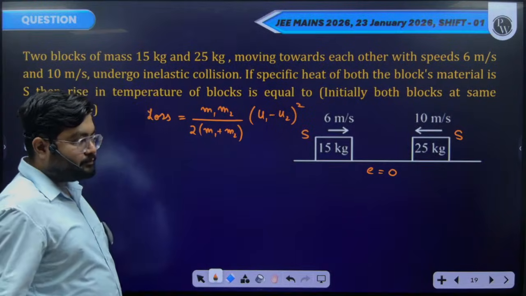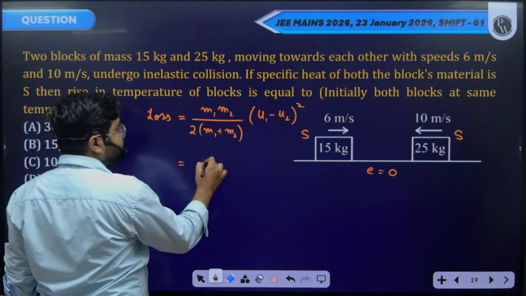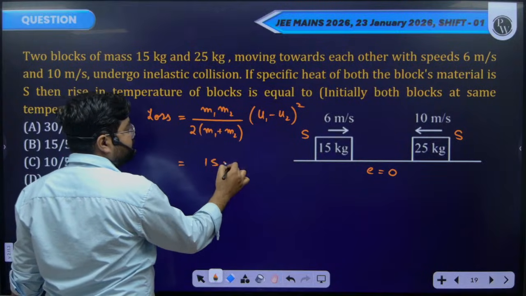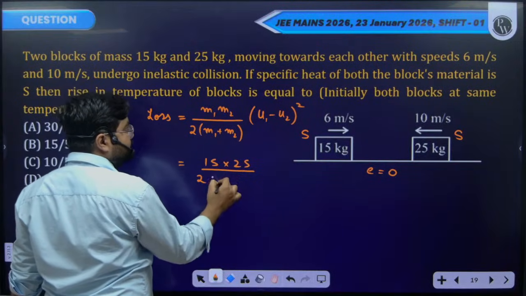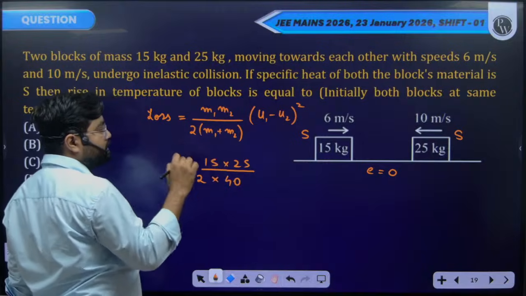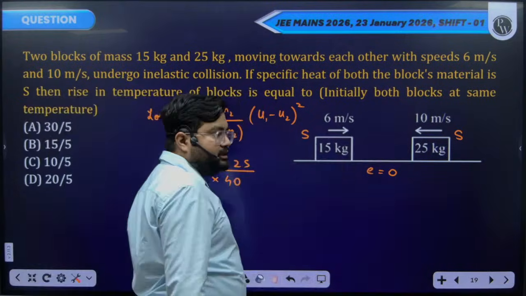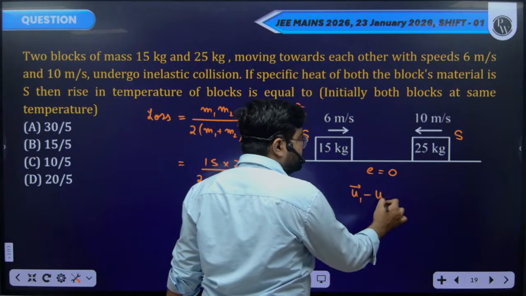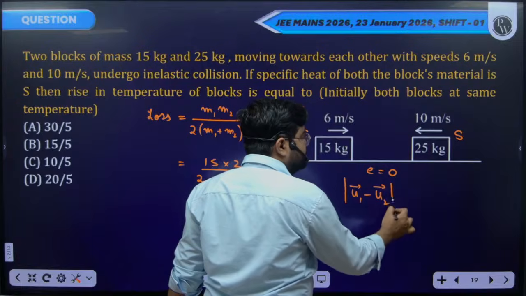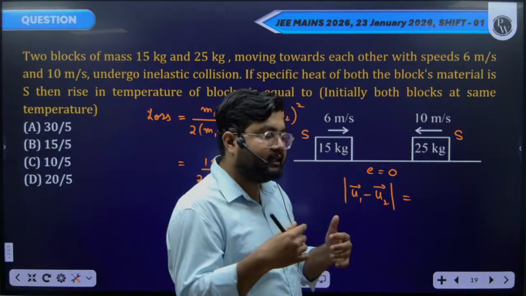So m1 m2 by twice m1 plus m2 will become 40, with 25 plus 15 being 40. Now remember that u1 minus u2 magnitude, they are in opposite directions.